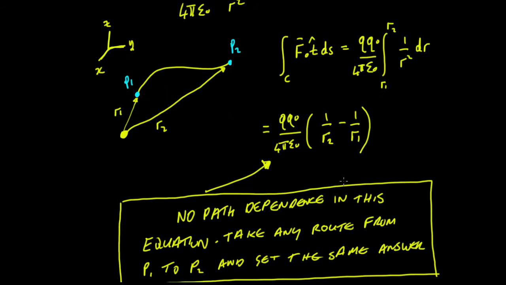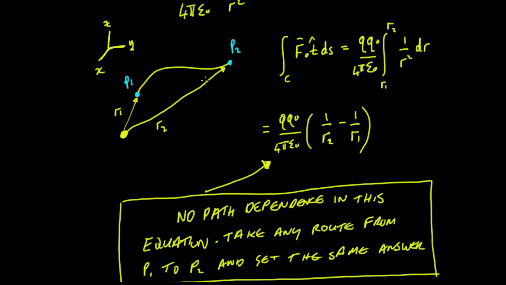Now, the thing to note here is that this answer is going to be path independent, so there's no path dependence within this. We could have gone round any path in order to get to these points R1 and R2. So the value of this integral is only going to be dependent on the points R1 and R2.